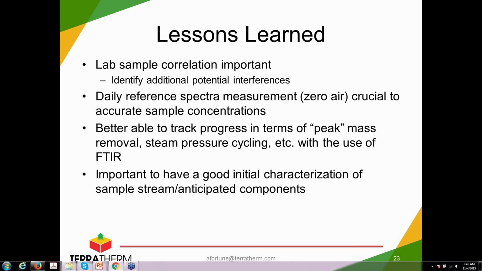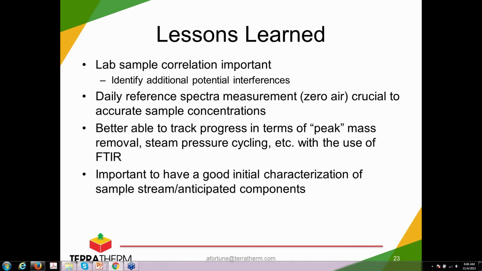One other thing that I will note is that for this particular site, where we were focused on using the FTIR really as a tool for measurement of the vapor going through the vapor treatment system and optimizing the vapor treatment system, this FTIR system could also potentially be used for monitoring of the extracted vapors in different regions throughout the treatment zone, the treatment area.